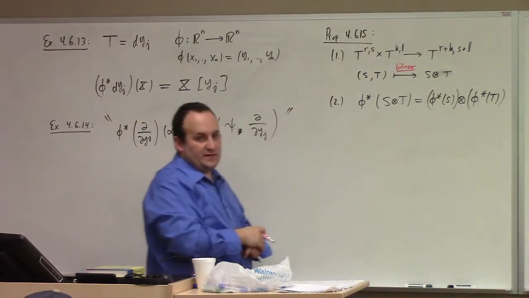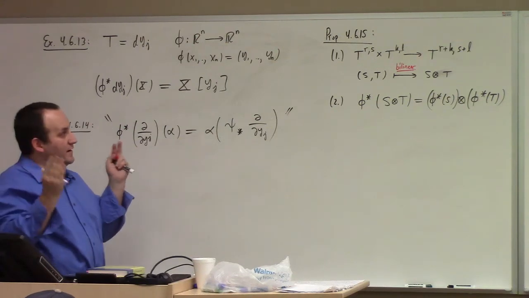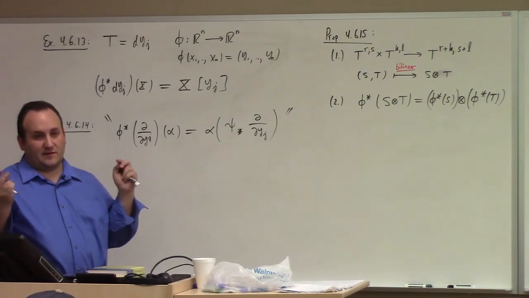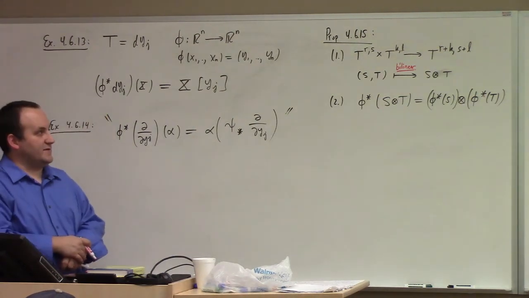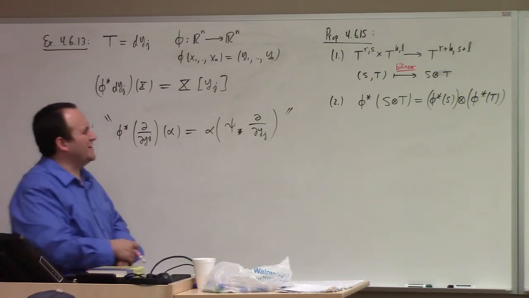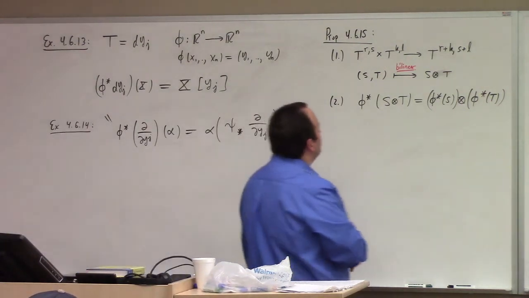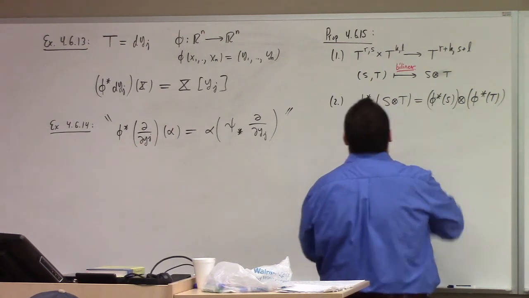That's number one. If you take a pair of tensors of type (r, s) and another tensor of type (k, l), and you take the tensor product of those together, then you get a tensor of type (r plus k, s plus l). So those are different S's. Oh, what have I done? These are big S's.